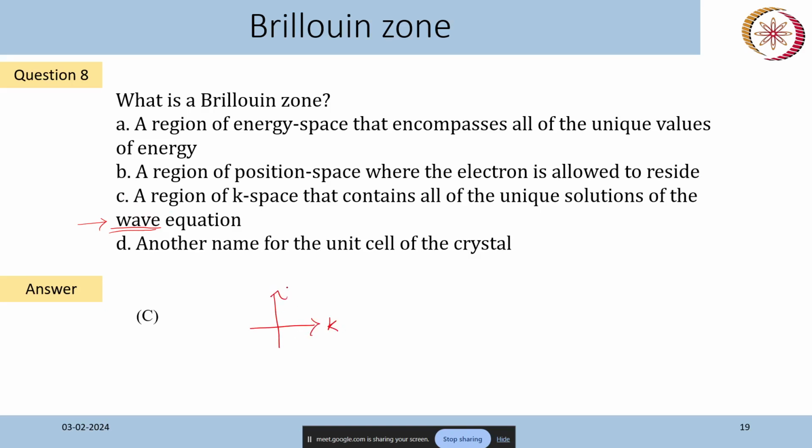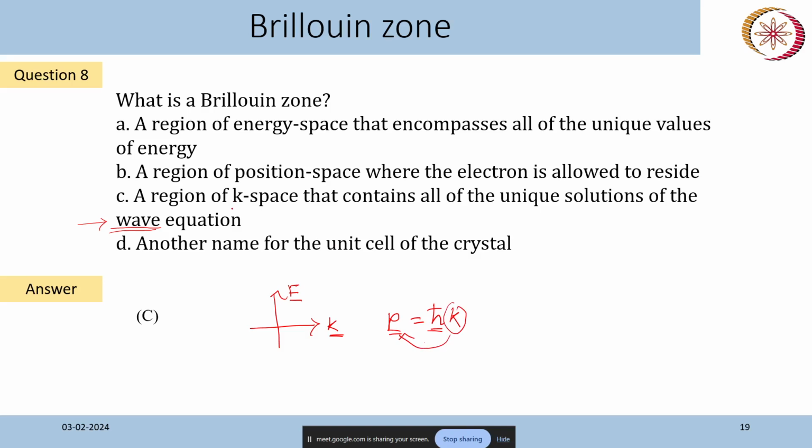This is E and this is K. Momentum is P equal to H bar K, where P is momentum and H bar is the reduced Planck's constant, a constant, and that is why K is related to momentum.